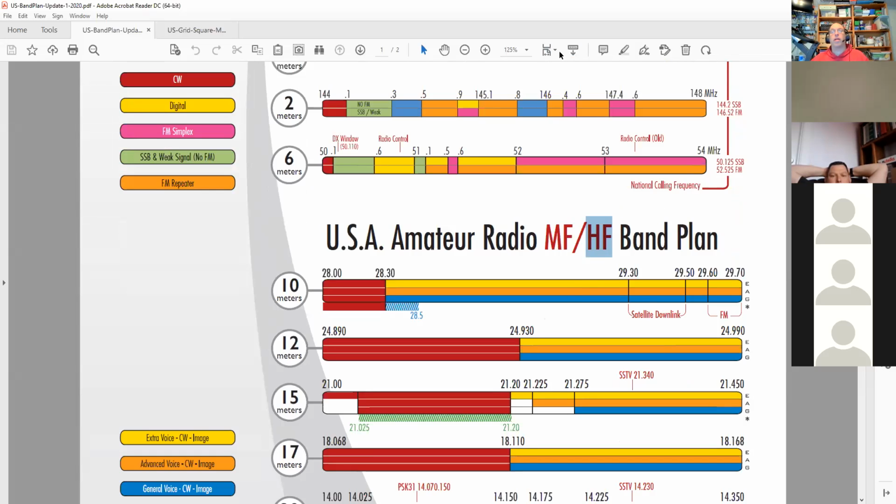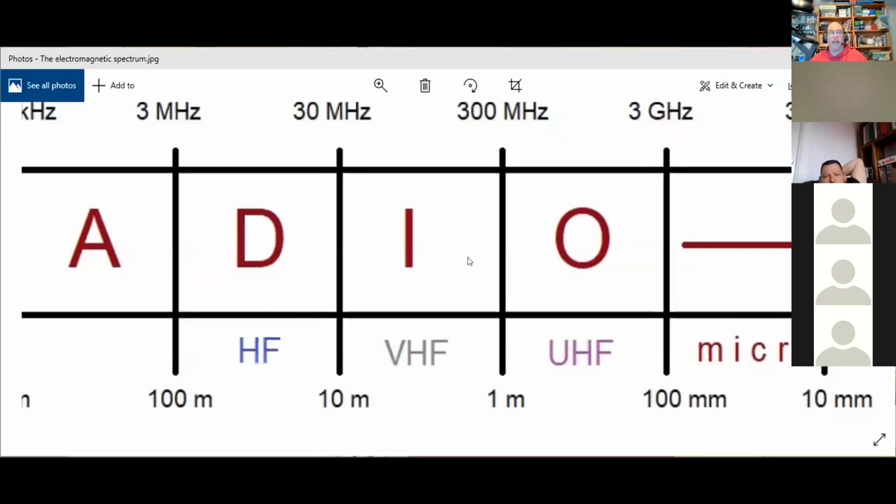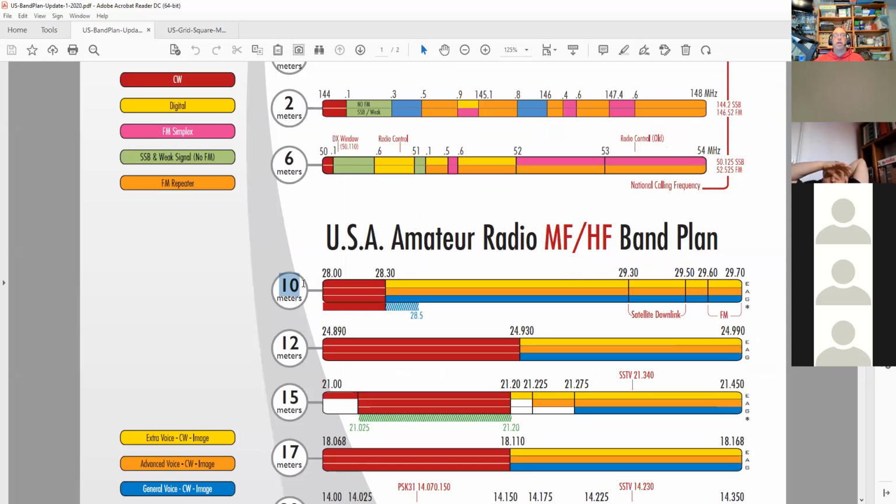So you know that HF is 3 to 30 megahertz. And in fact, you could also correlate that by knowing that you have your 10 meters and you could say, okay, what's 300 divided by 10? And you know the answer's in megahertz. Does that make sense?